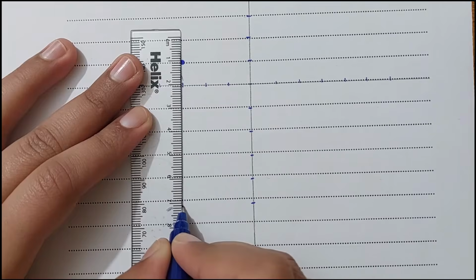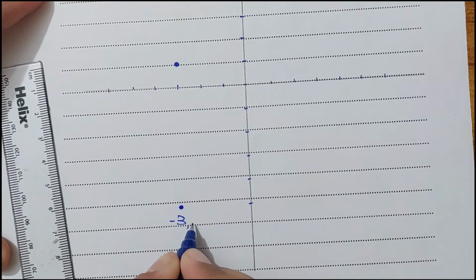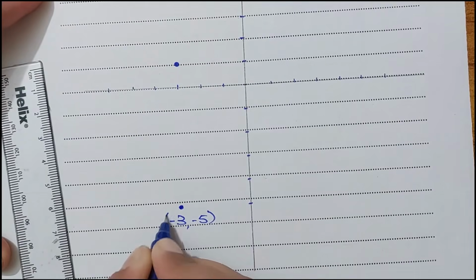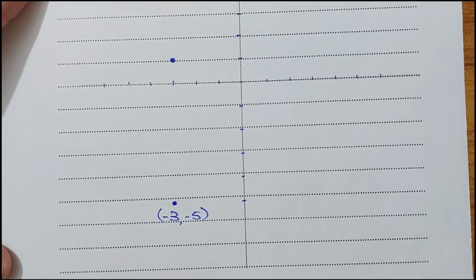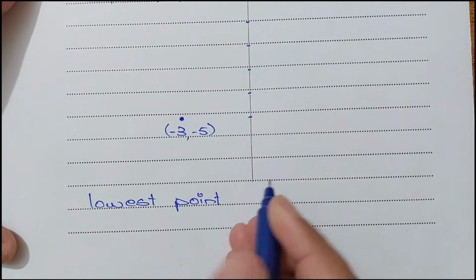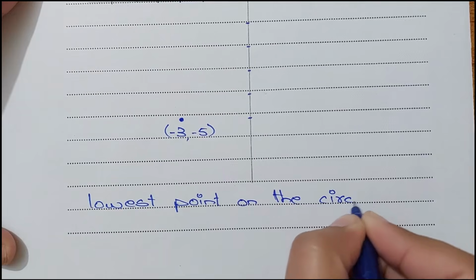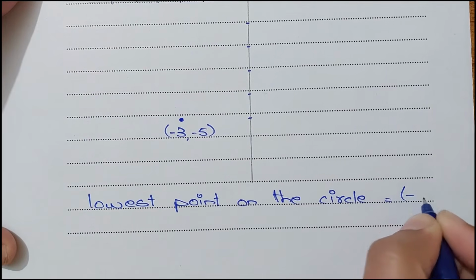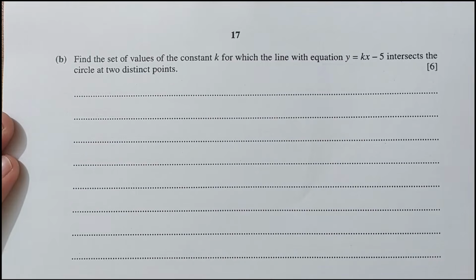This is the lowest point of the circle, and x is negative 3 and y is negative 5. So this is the lowest point of the circle. So we can say that the lowest point on the circle is negative 3 and negative 5.